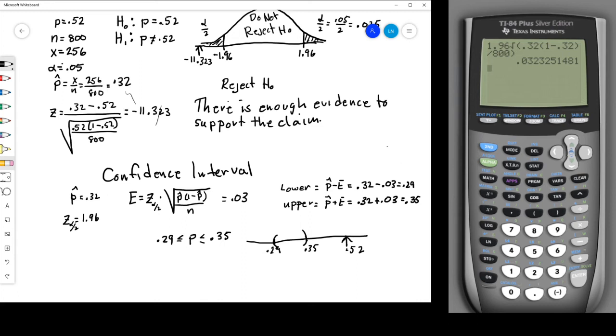So in this case, it didn't, which means I have one of those confidence intervals that falls into the 5%, the unusual category. So if your population proportion falls outside of the confidence interval, then you can reject H0.